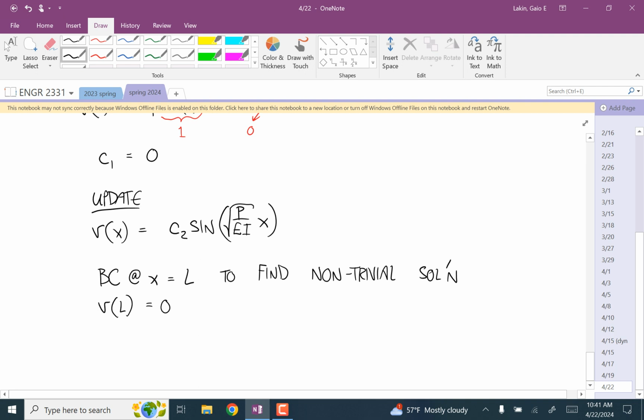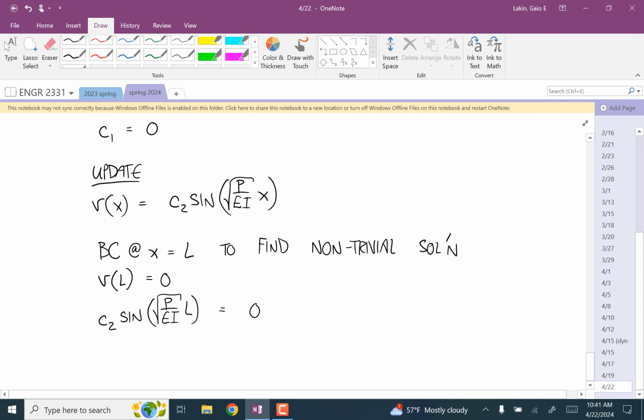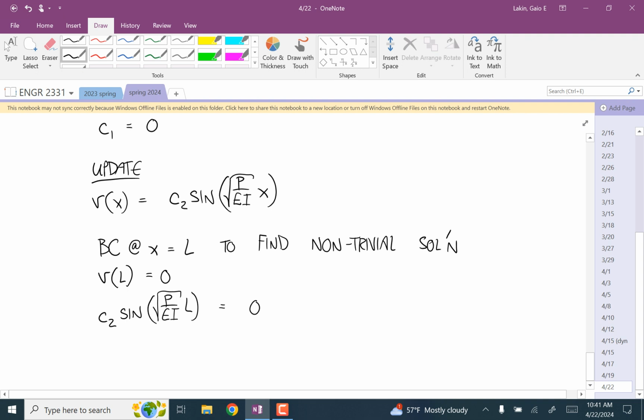And so we're going to say C2 times the sine of square root of P over EI times L is equal to 0. And now you have to think about what arguments of sine make a sine function 0.